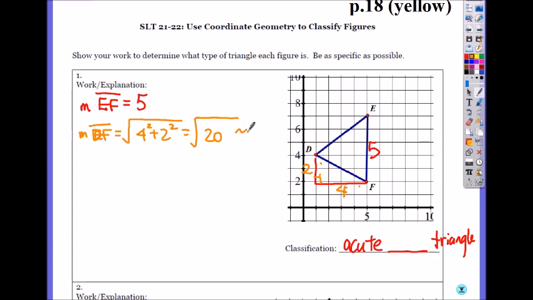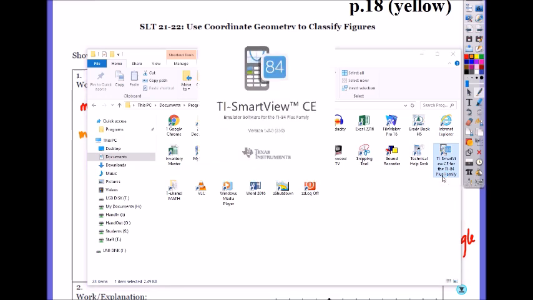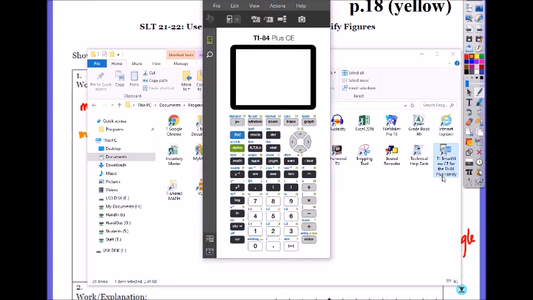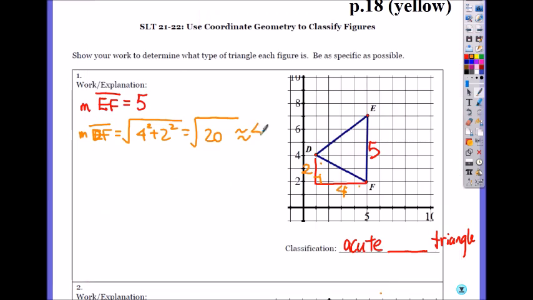So it is about what? What's square root of 20? It must be 4 point something, right? So it is square root of 20, 4.472. So those two are not equal.